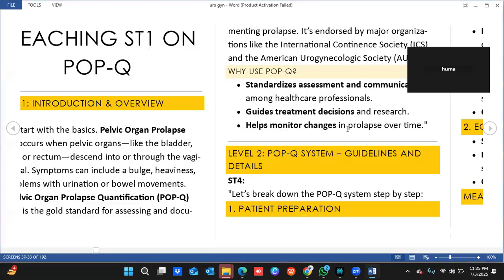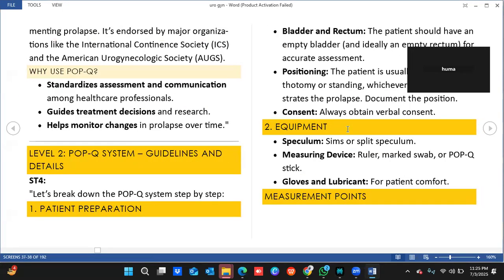So, Sadia, there are many classification systems for pelvic organ prolapse, and the POPQ classification system is now widely used and endorsed by many international organizations like the International Continence Society and the American Urogynecological Society.